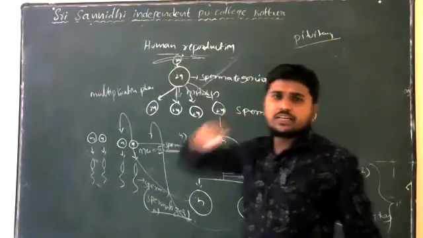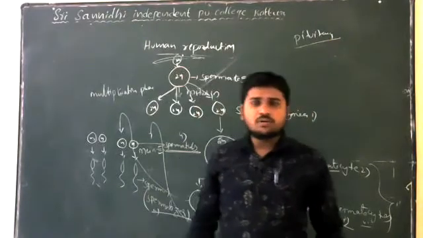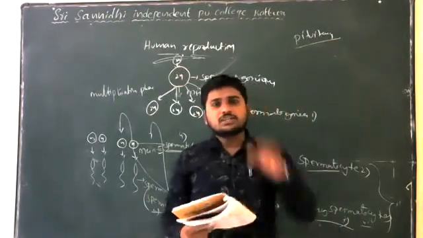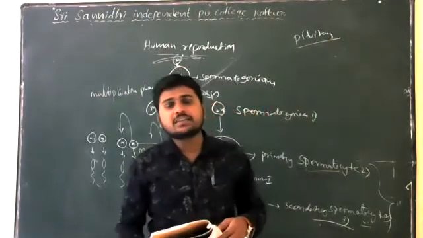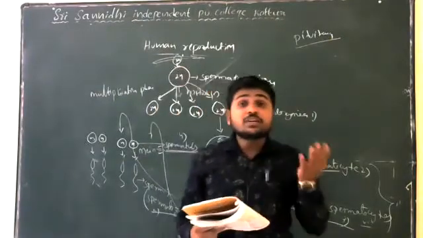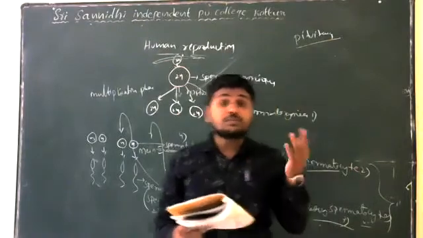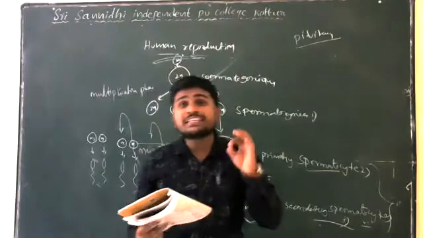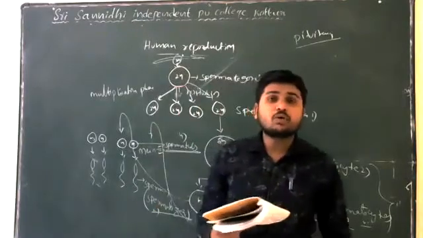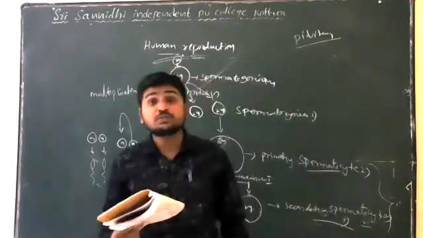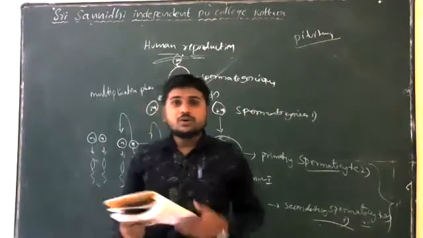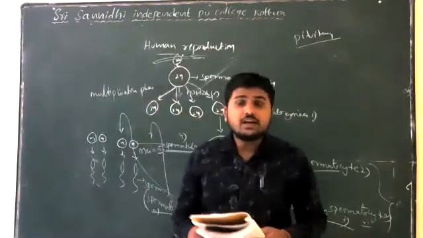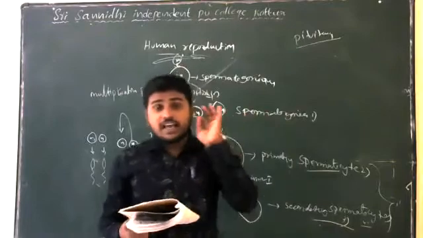Oxytocin and vasopressin are secreted by the posterior pituitary, the pars nervosa or neurohypophysis, which we study in chemical coordination and integration, 22nd chapter. So oxytocin is secreted from the posterior pituitary when?